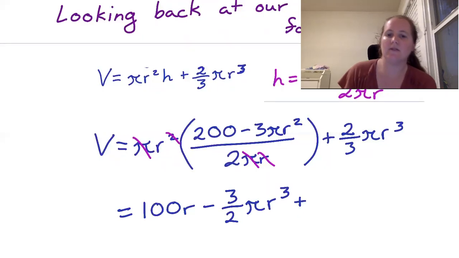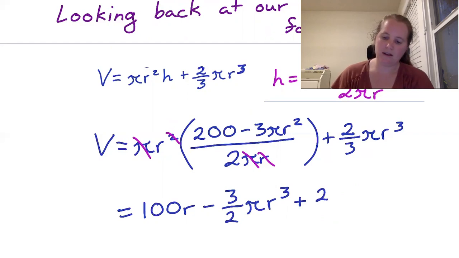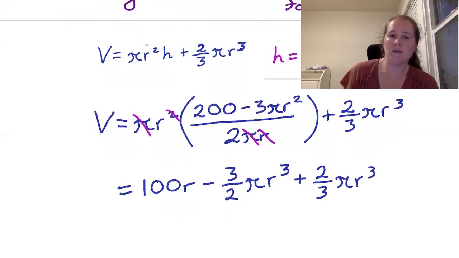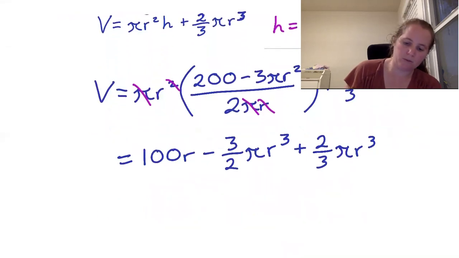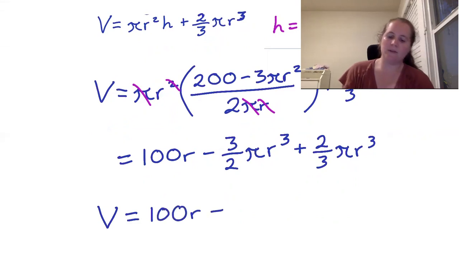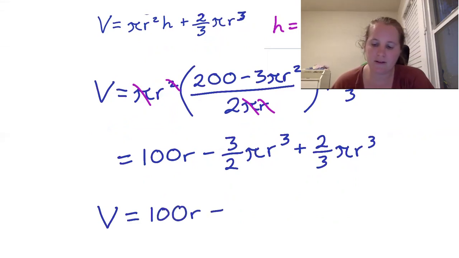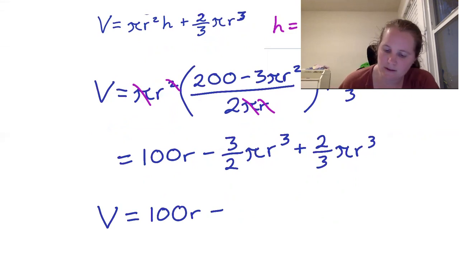So we are subtracting 3/2 pi r cubed, then adding 2/3 pi r cubed. Or if we want to put this all together, volume is equal to 100 r minus, that'll be 9/6 plus 4/6 is minus 5/6 pi r cubed.